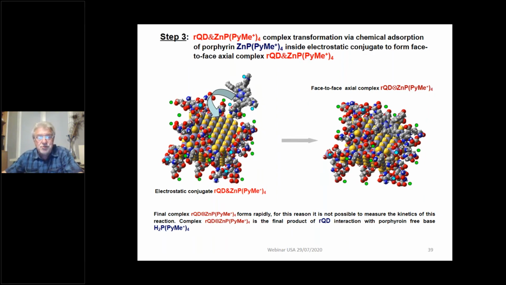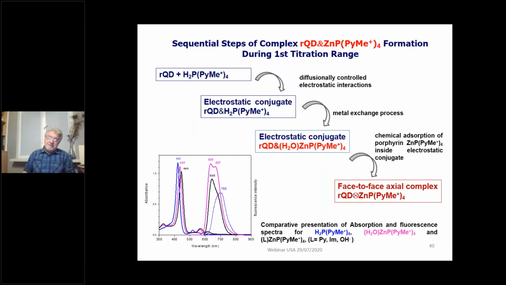Concluding, I should say that these results, step by step, permitted us to prepare a picture of how it's possible to receive such a complex. We have sequential steps of the complex formation.